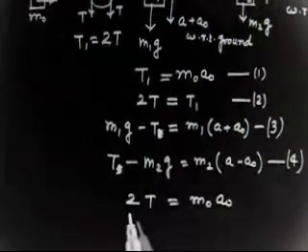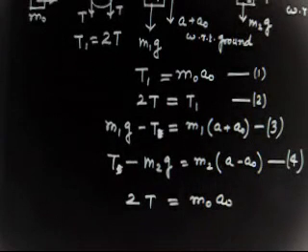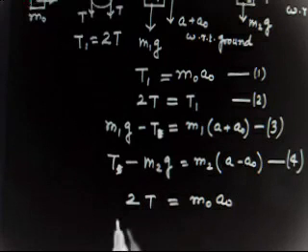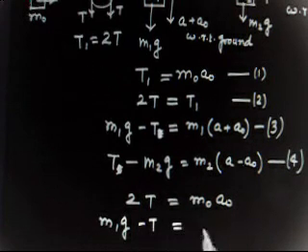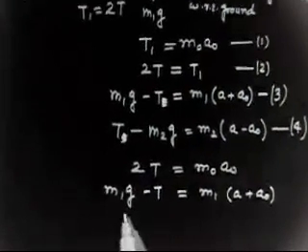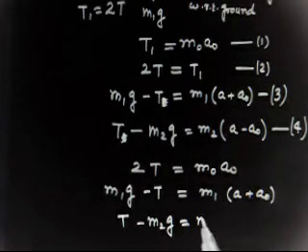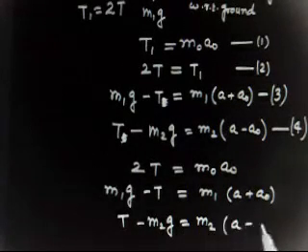The second equation, I think you are able to see, m1g minus T is equal to m1 into a plus a naught. Third equation we have T minus m2g is equal to m2 into a minus a naught.